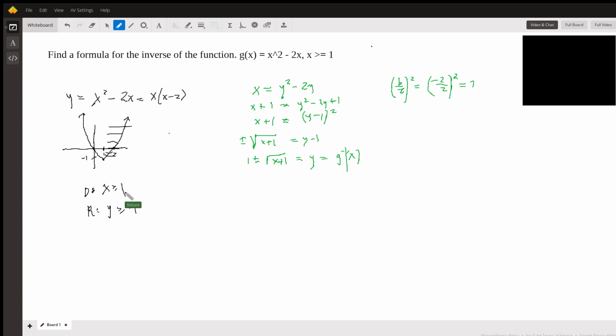We know that the domain of the original becomes the range of the inverse, and the range of the original becomes the domain of the inverse.